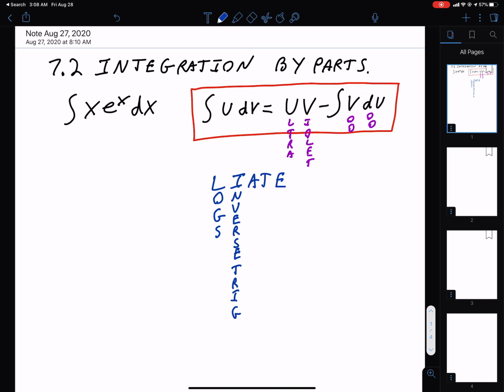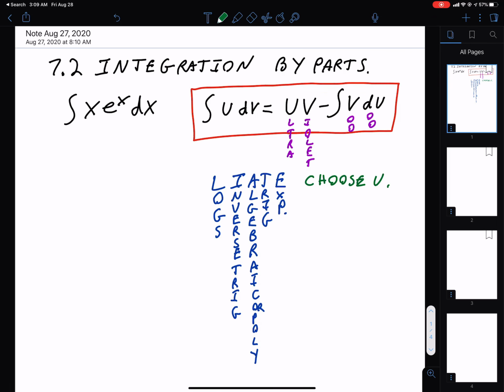Then you look for algebraic or polynomial. Then you look for trig functions, and then exponential. And this is to choose, I'll do a different color for all y'all, this is how you're going to choose u.